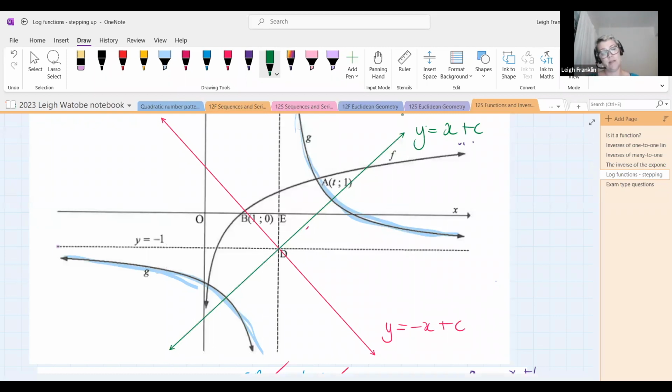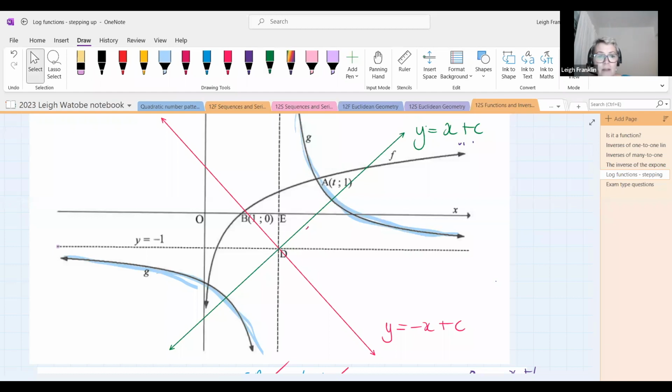Here the gradient is negative. In this question, they were asking us about the pink axis of symmetry, not the green one. The green one cuts it in half this way, the pink one cuts it in half that way. That's what an axis of symmetry does. It cuts a function in half, or it's like a mirror line.